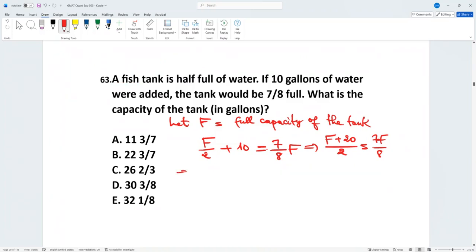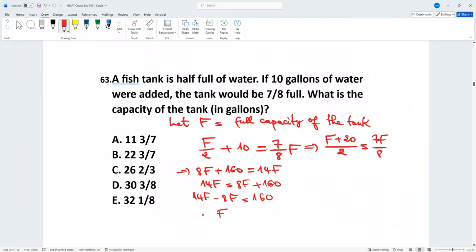And this will lead us to have 8F plus 160, which is equal to 14F. So this is simply saying 14F is equal to 8F plus 160, okay? 14F minus 8F is equal to 160.